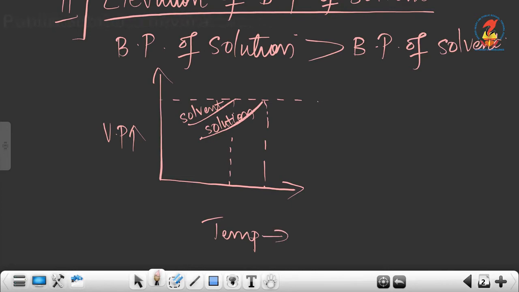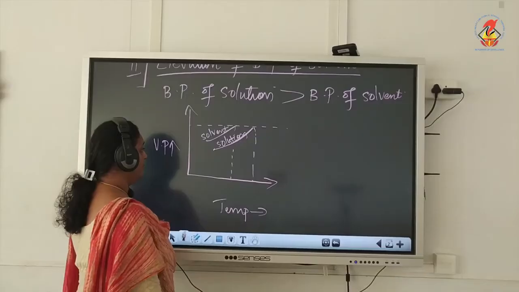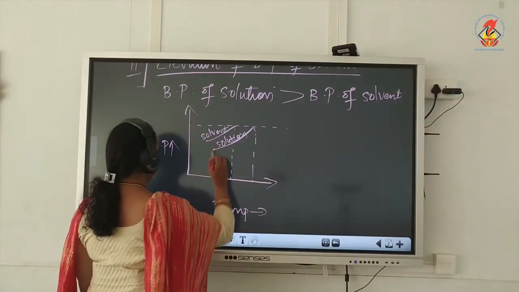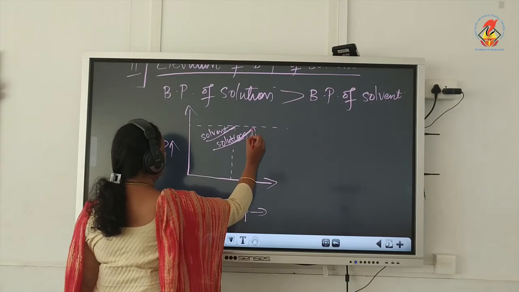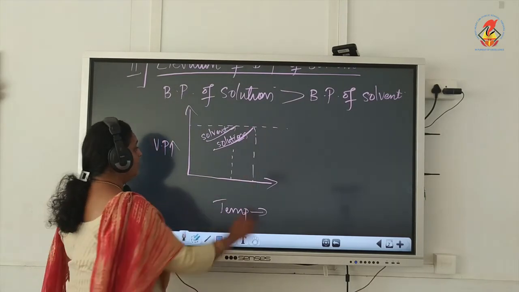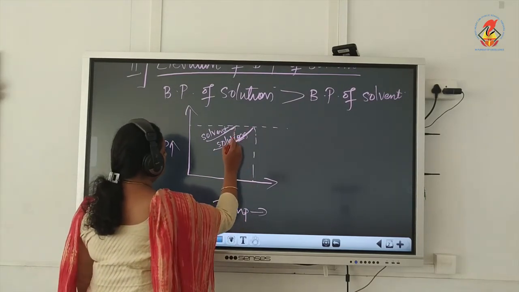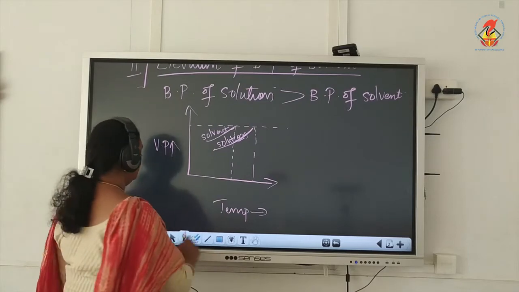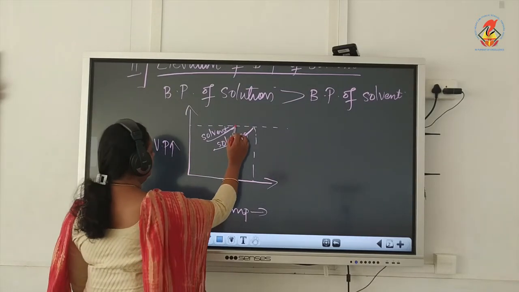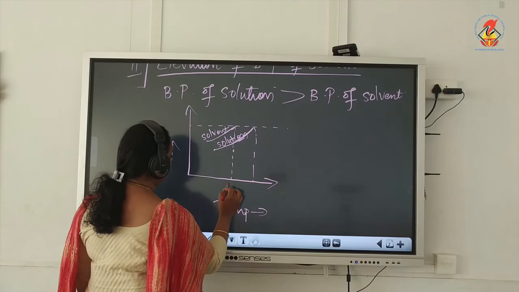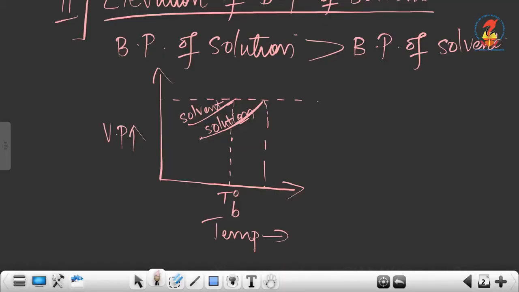Now, look at the graph. The graph is plotted between vapor pressure and temperature. This is the curve for solvent and this is the curve for solution. You can see this is the boiling point of solvent denoted by T0B, and this point is the boiling point of solution denoted by TB.